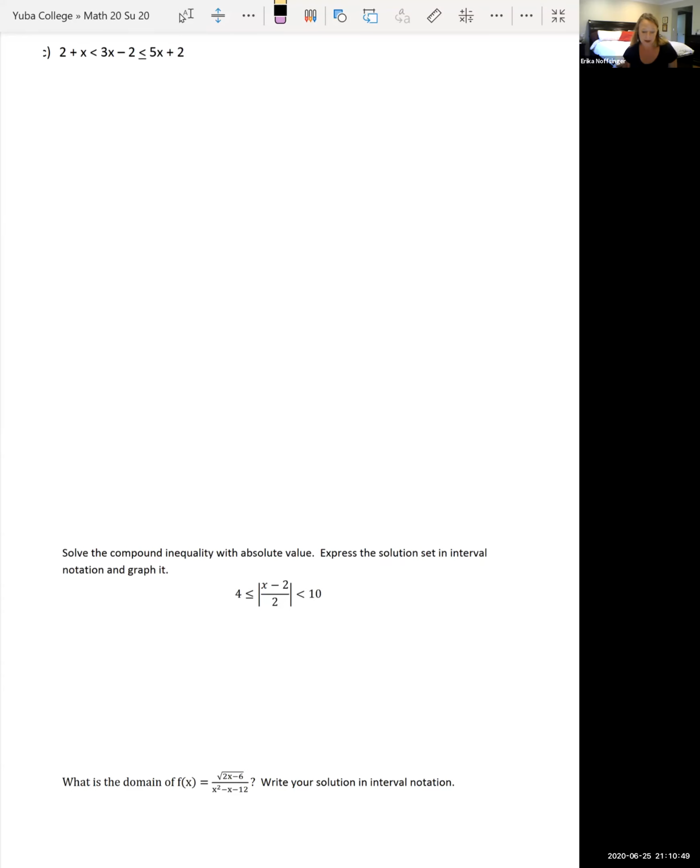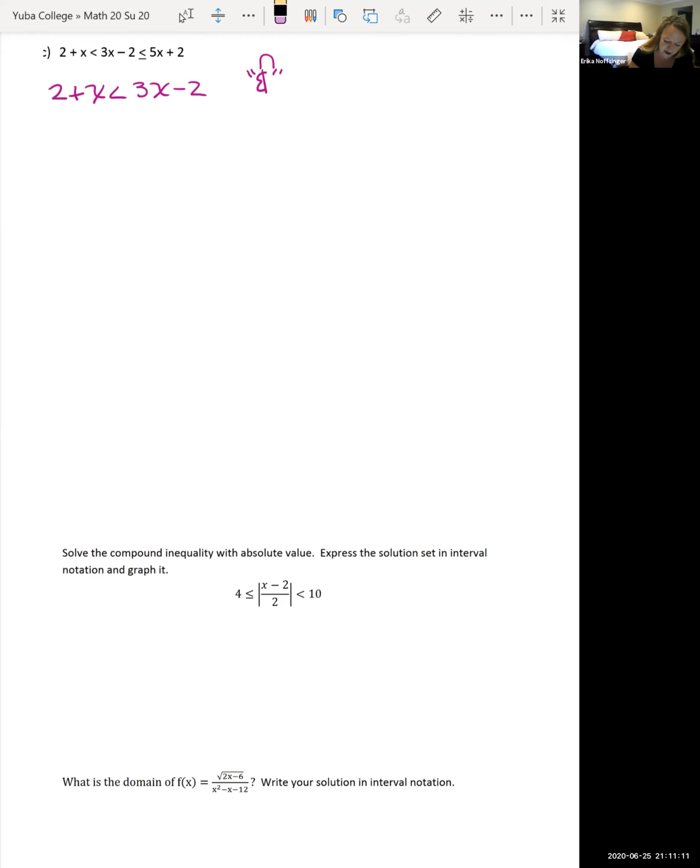Okay, so we have a compound inequality, and we want to break this up because we have x's on each side of that compound inequality. So we want to break this up as 2 plus x is less than 3x minus 2, and which is an intersection, meaning intersection.